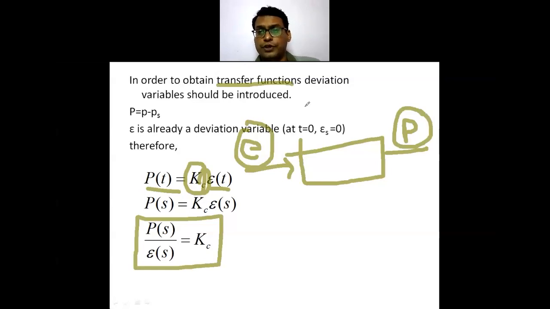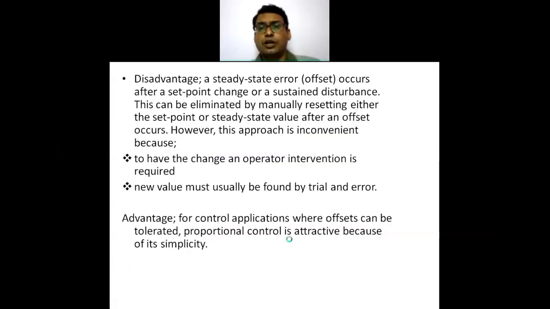This is related to the proportional controller. Now next is your proportional integral controller. Now what are the disadvantages? A steady error. Error is directly proportional to the pressure. So a steady state error occurs after the set point change or sustained disturbance is there. This can be eliminated by manually resetting either the set point or steady state value after an offset occurs.